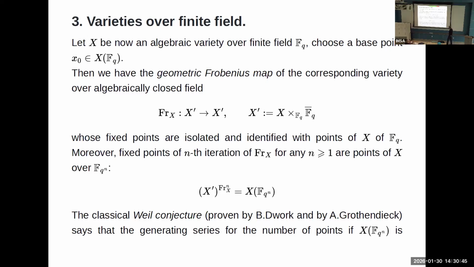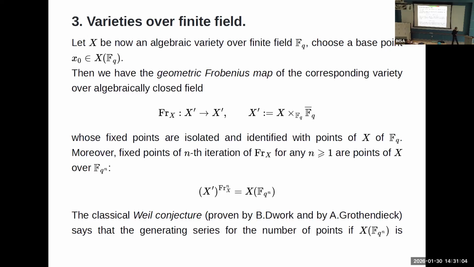And this variety over the algebraically closed field is mapped to itself by what's called the geometric Frobenius, where all coordinates are raised to power q. So you get a variety over an algebraically closed field which maps to itself, and you look at what the fixed points are.